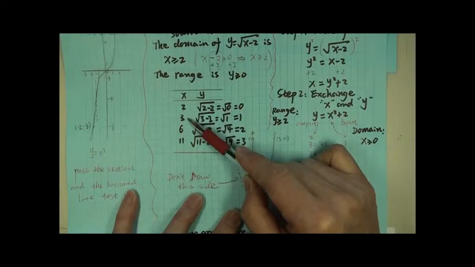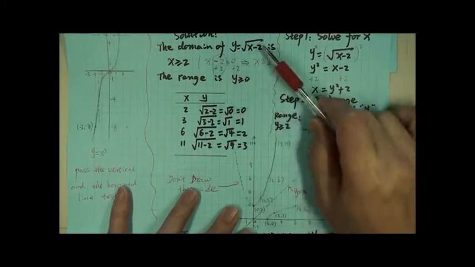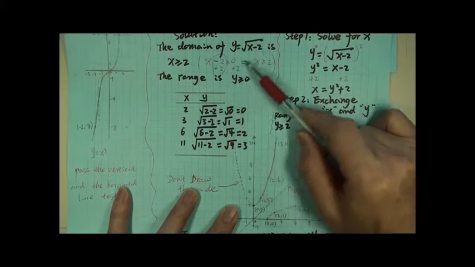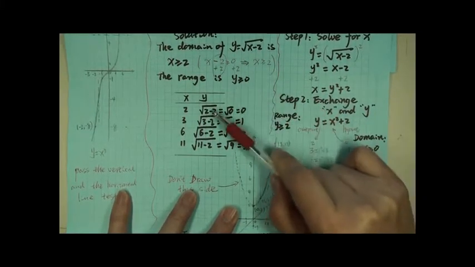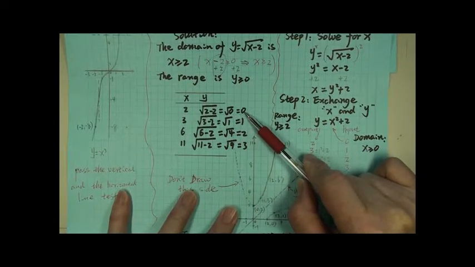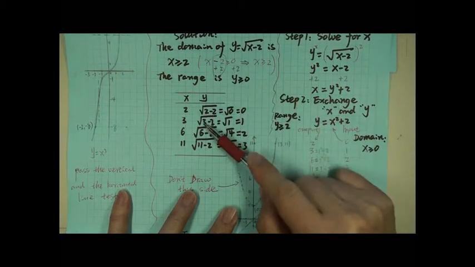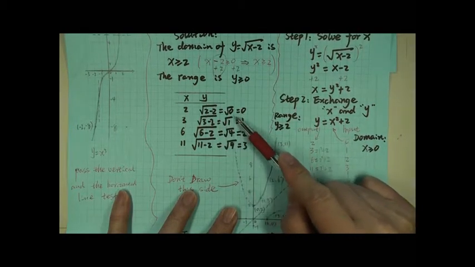Okay, if x equals 2, you plug in 2 here. 2 minus 2 is 0. Radical 0 is 0. And then 3, input here. 3 minus 2 is 1. Radical 1 is 1.